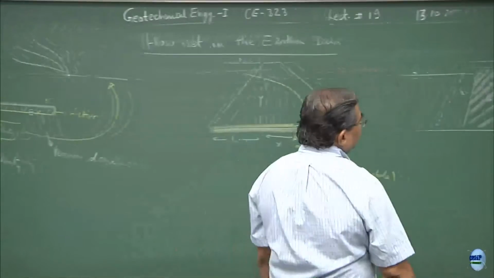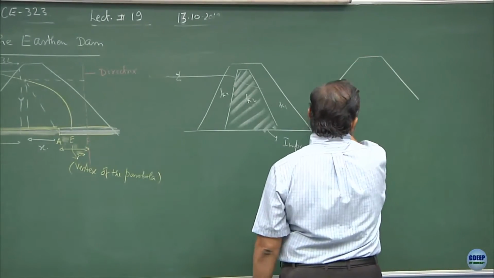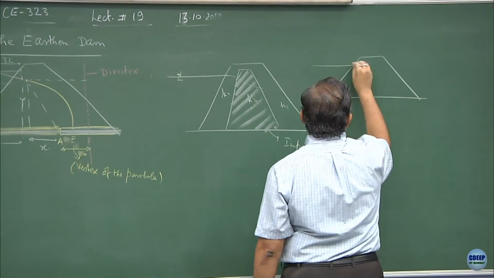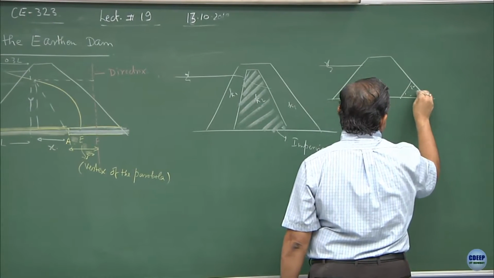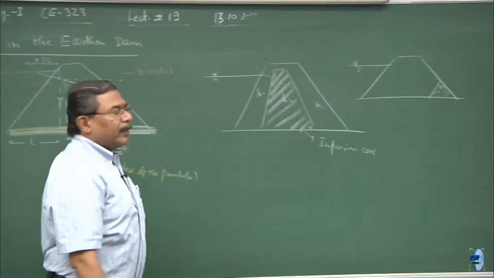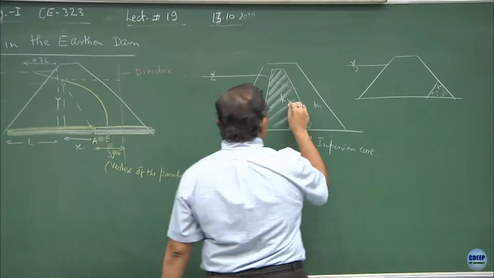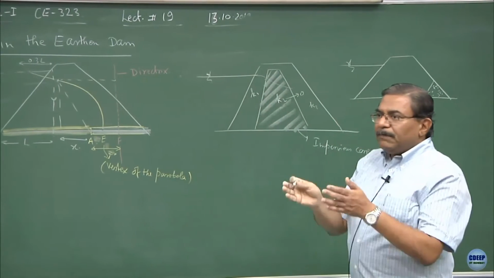Another type of interface might occur if I consider a dam where I have provided a toe filter here. Okay. In this case, K2 is tending to 0 because I wanted to make the system impervious.